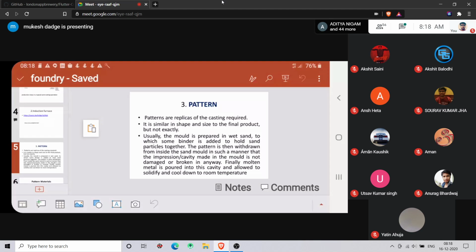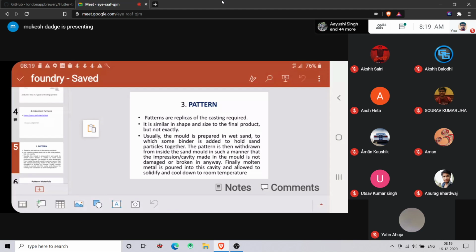The pattern is then withdrawn from inside the sand mold in such a manner that the impression or cavity made in the mold is not damaged or broken in any way. So you have to put the pattern in the sand and then remove the pattern. While removing that pattern, care should be taken.